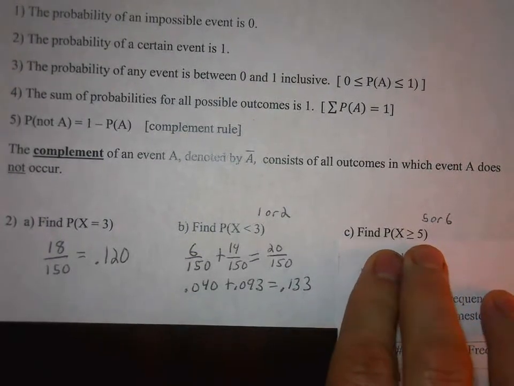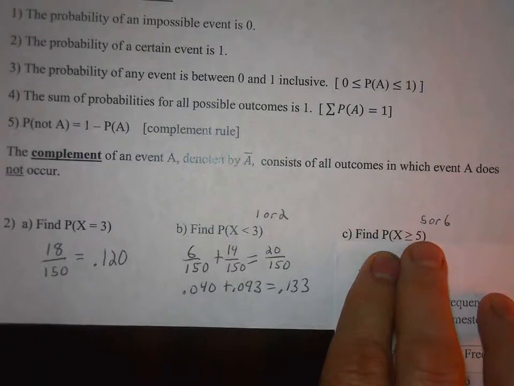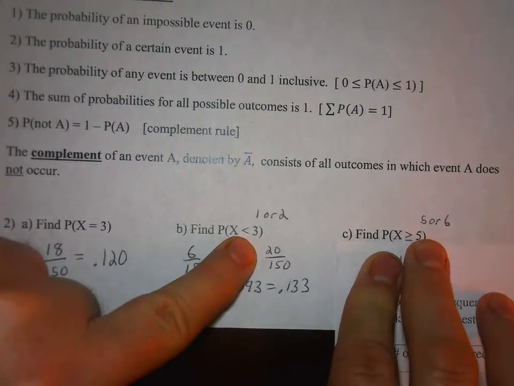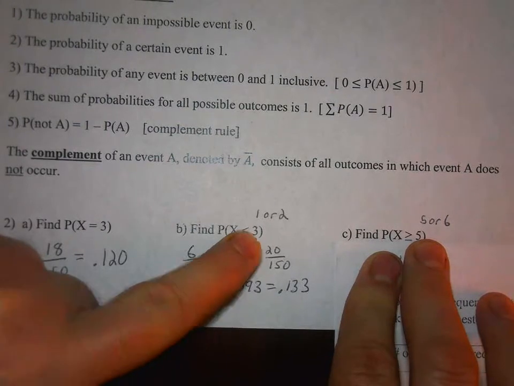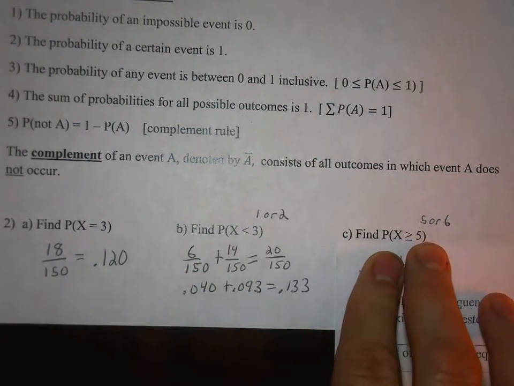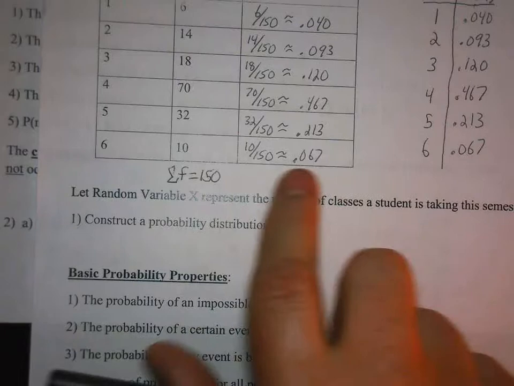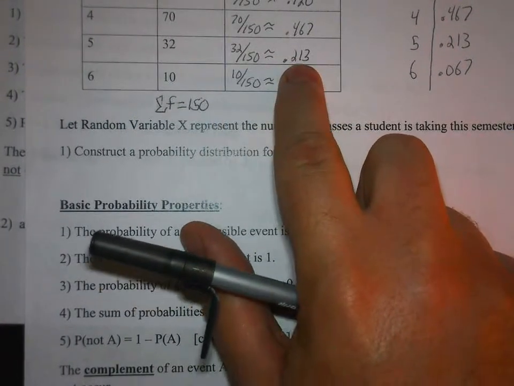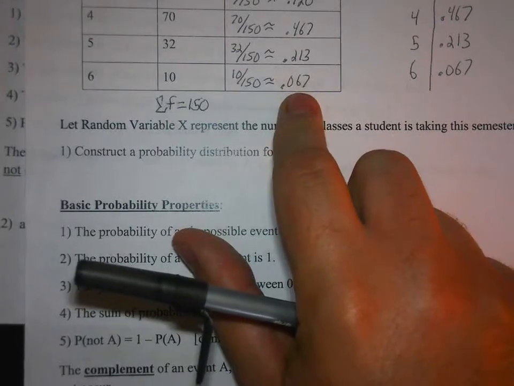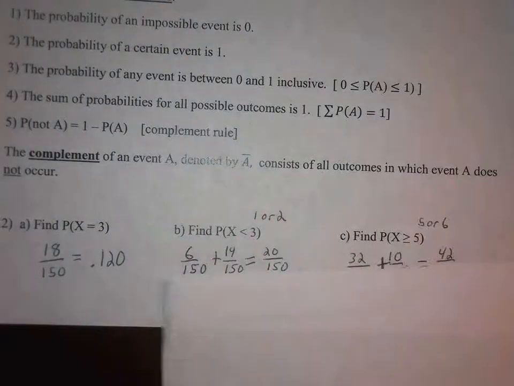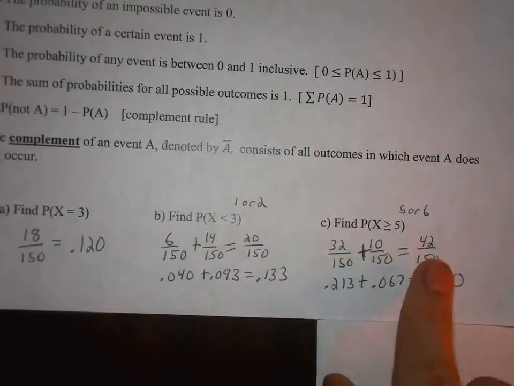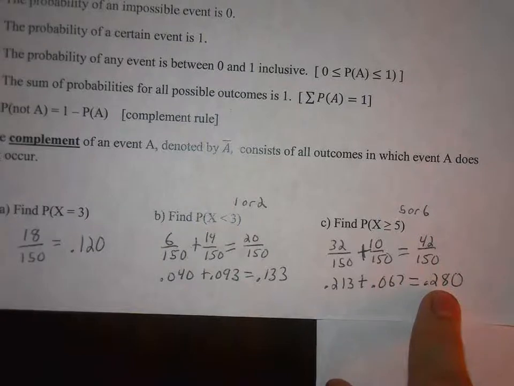Notice there's an equal to with this one, so 5 is included, whereas over here, x is less than 3, the 3 was not included, because there's no equals with it. So for 5 or 6, you take the probability of 5, 0.213, plus the probability of 6, 0.067, and add them together. You end up with 42 out of 150, or 0.280.